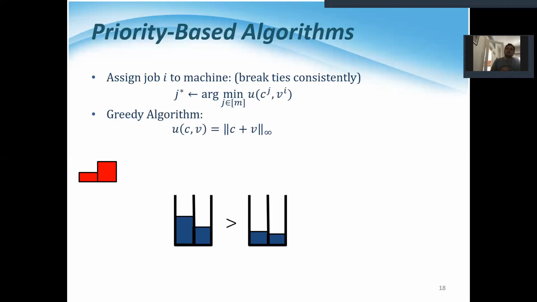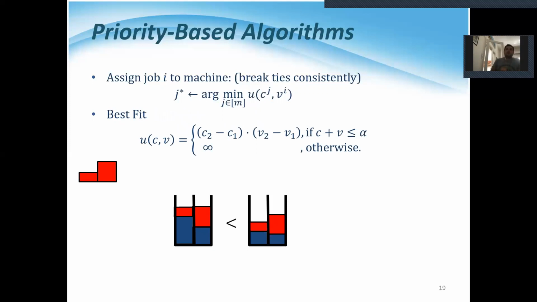The blue is the state of the bins, and now the next vector, the red vector, arrives. So I will compare the disutility in assigning it to the left and to the right. It's easy to see that the max span when assigning to the right is smaller than when assigning to the left, and therefore the greedy algorithm will prefer to assign this vector to the right.